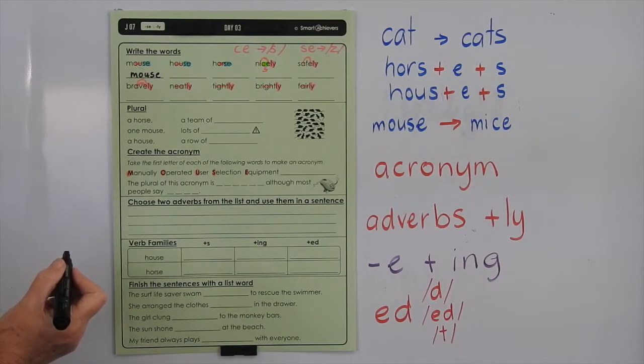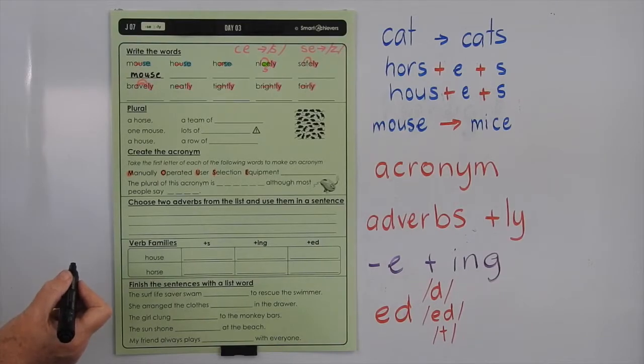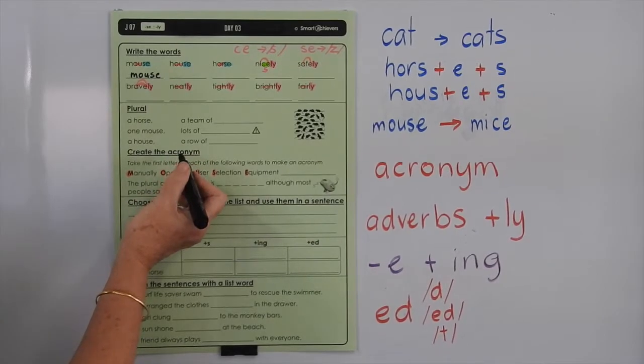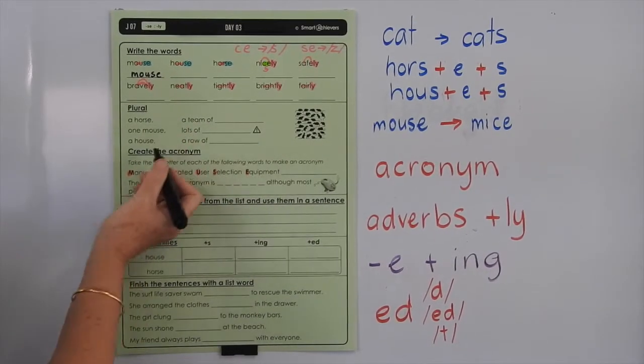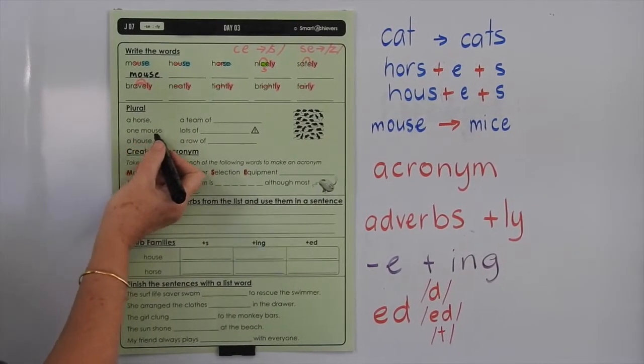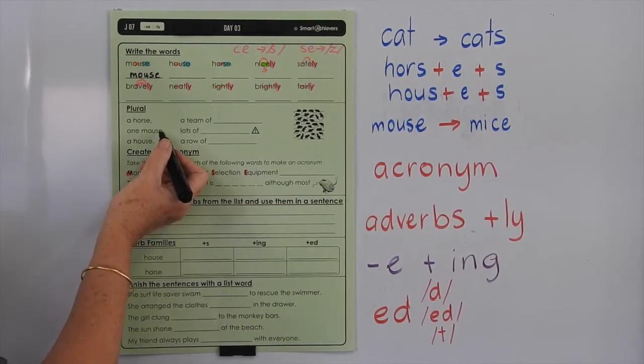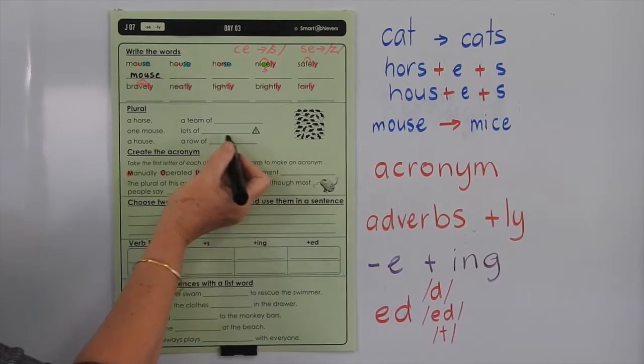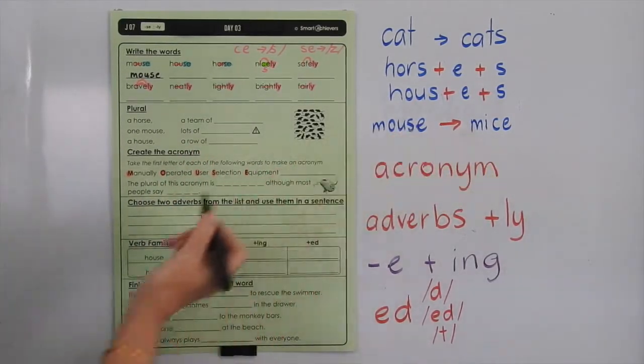We also spell them and then we write them to check that we do know how to spell them without looking at the word. So plurals, we know generally we add an S, but as we just discussed, sometimes we have irregular nouns where we don't add an S, we actually change the word from mouse to mice.